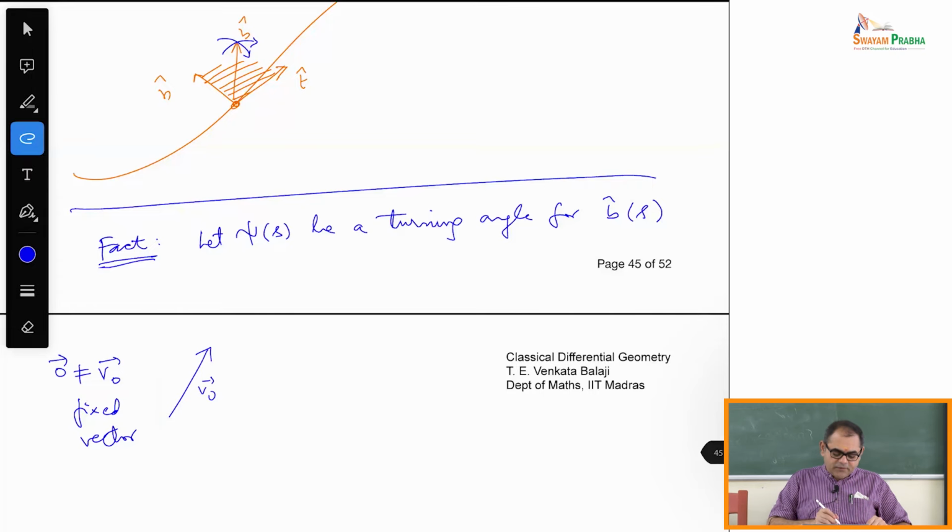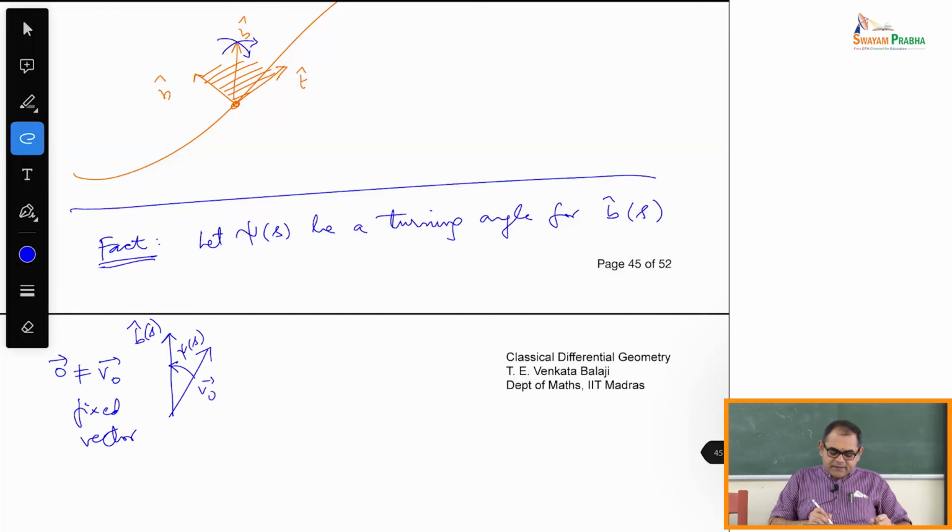Then what you do is you have the binormal b hat, which is b hat of s, and call this angle psi of s. You measure this angle from that fixed vector, so that I am keeping track of the sense also.